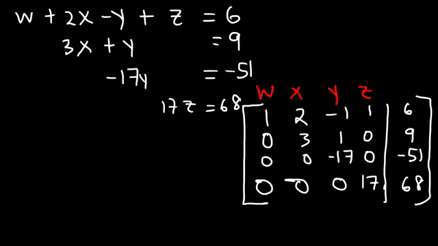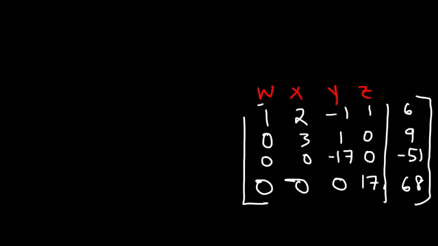Now, if you want to convert this to row echelon form, what you need to do is, actually, you know what? Let's do that. Because we could solve it now, but let's go ahead and convert it to row echelon form. So we don't need to multiply the first row by anything.